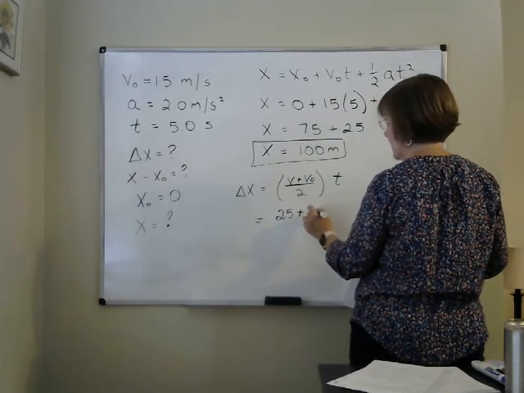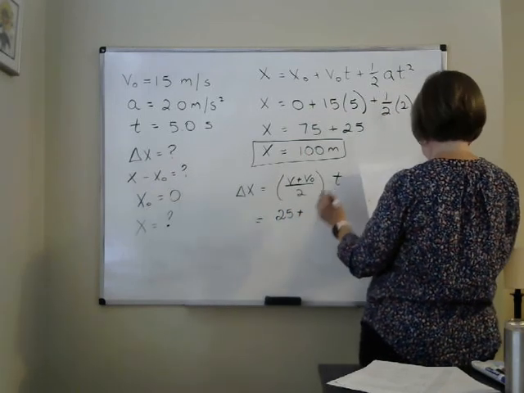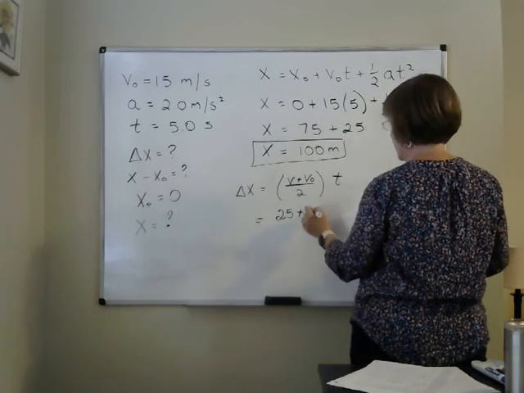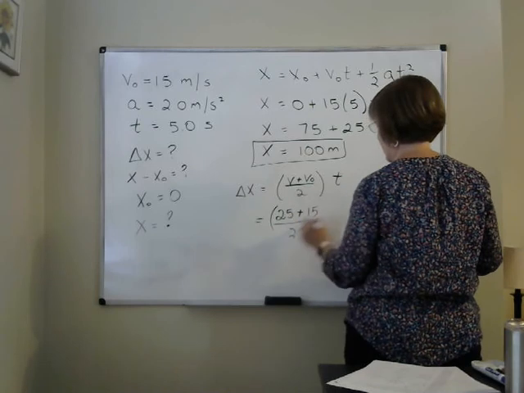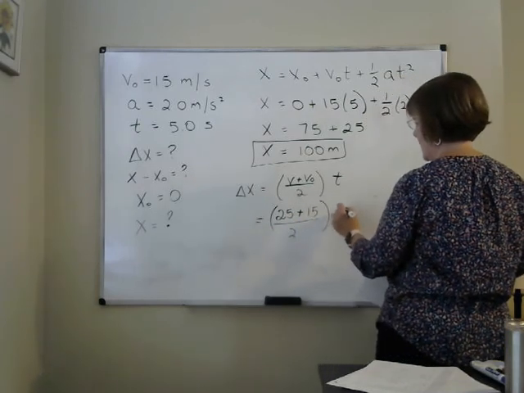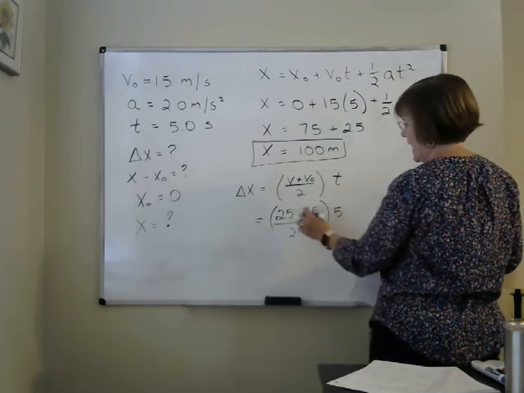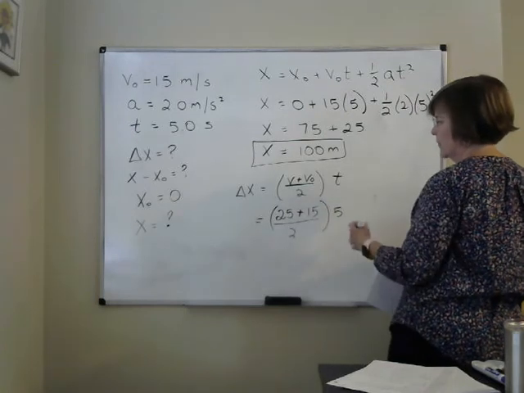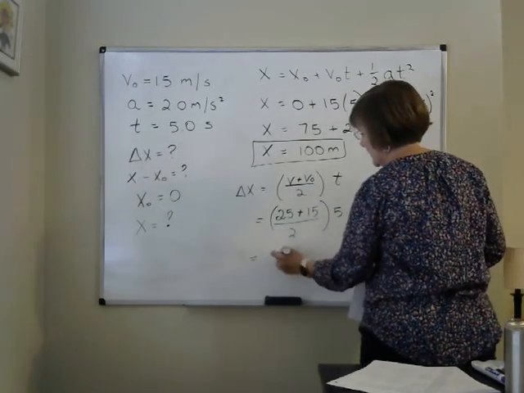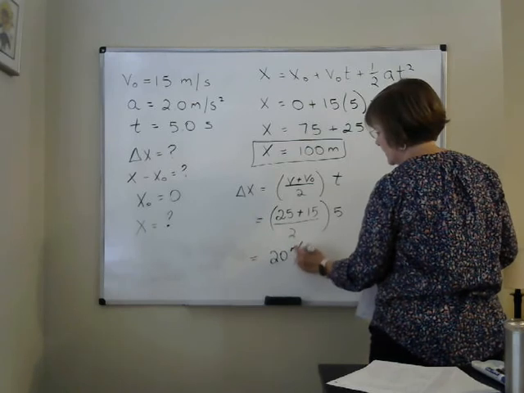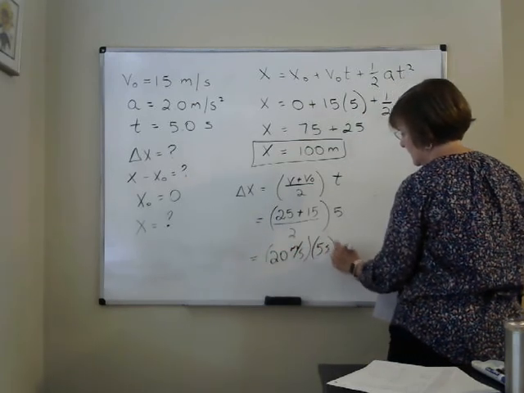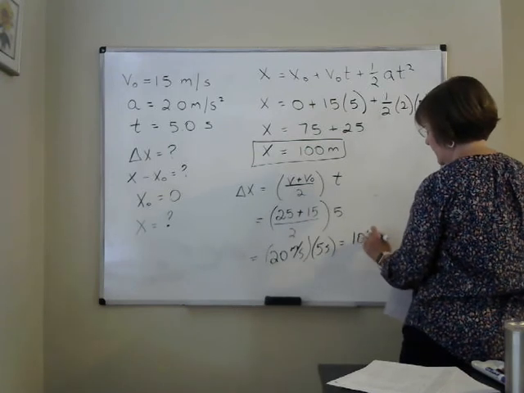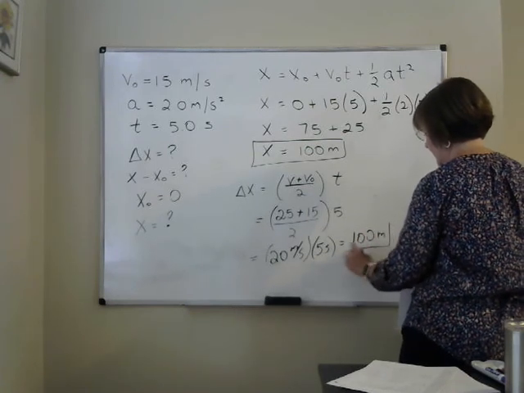His initial velocity was 15. The time was 5. Well, the average of 25 plus 15 is 40, so his average speed was 20 meters per second for 5 seconds. So he traveled 100 meters.